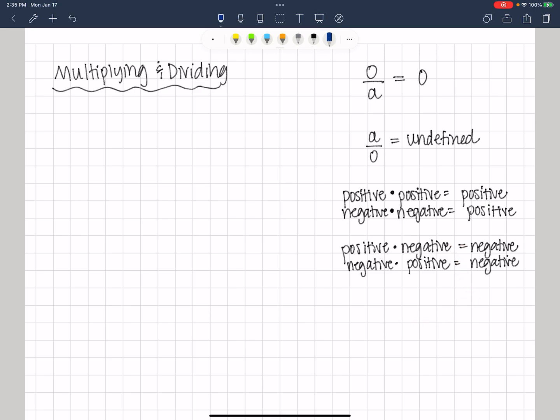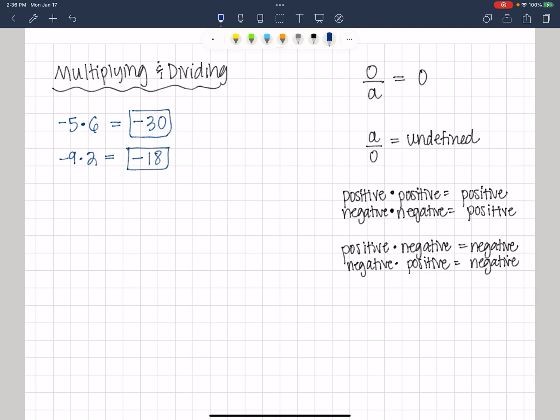We've got negative 5 times 6. That's a negative times a positive. A negative times a positive is a negative number. 5 times 6 is 30. Negative 9 times 2. Negative times a positive is a negative. 9 times 2 is 18.